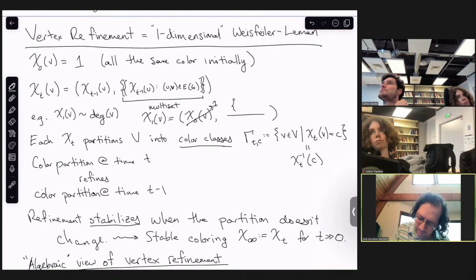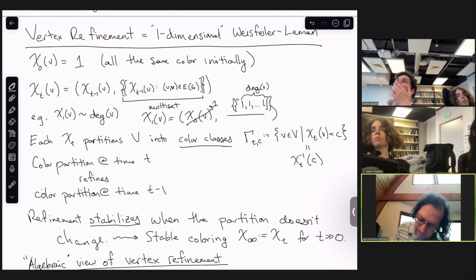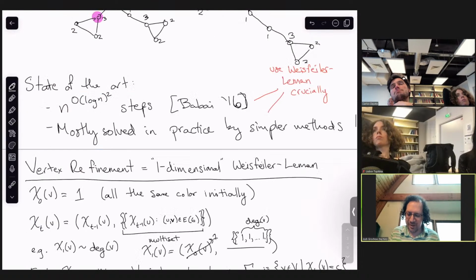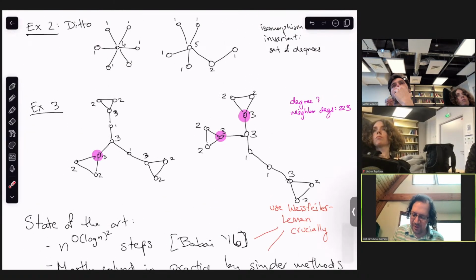It's a multiset of 1 repeated degree of v many times. So after one step of refinement, this chi1, our first coloring, gives us the degrees. After two steps of refinement, it gives us more refined information: what is my degree and what is the multiset of my neighbor degrees?